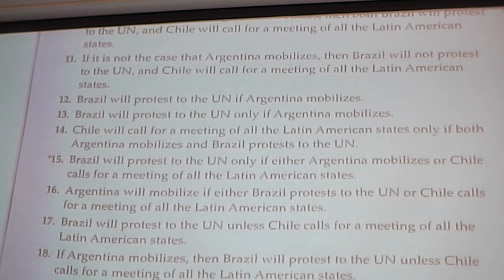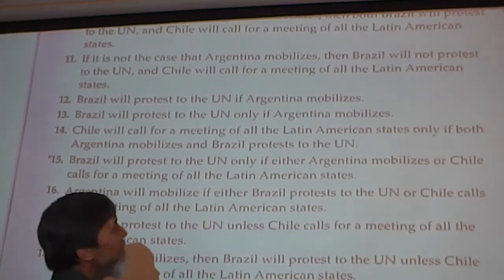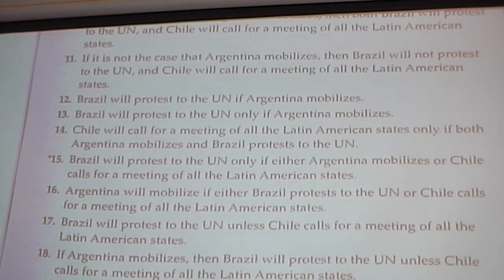Yeah, you're allowed to do that. So if we're using B for Brazil will protest to the UN, and we're using A for Argentina mobilizes, our translation is A horseshoe B. Because A is the antecedent. I don't care where it occurs in the statement. It's with the if part of the relationship. So do you understand what I'm pointing out? That translation is A horseshoe B.